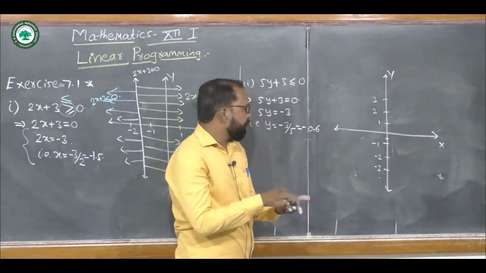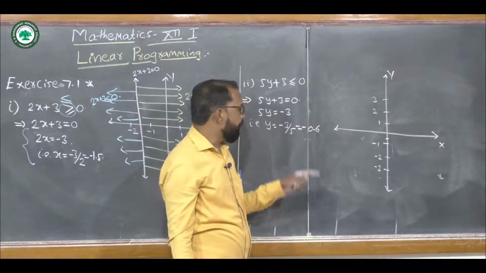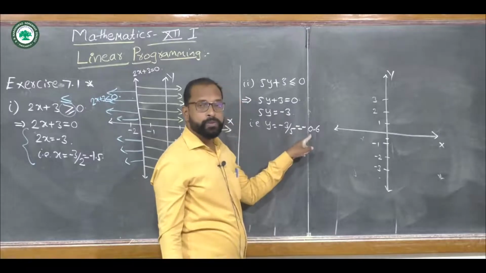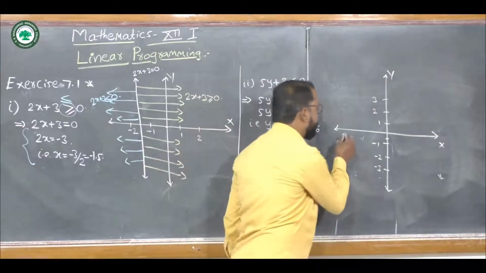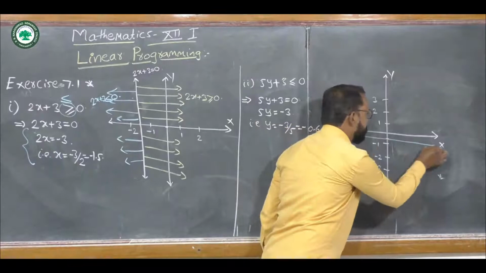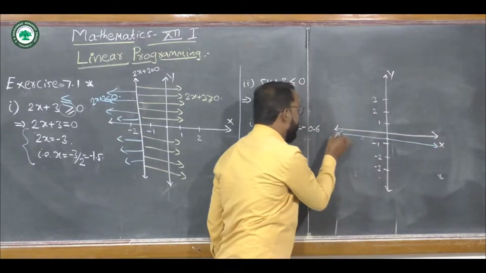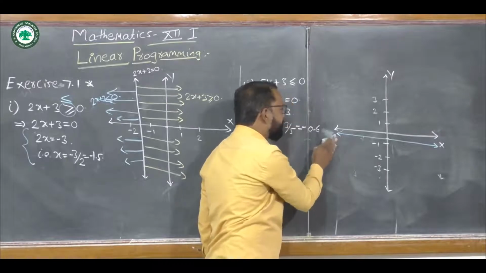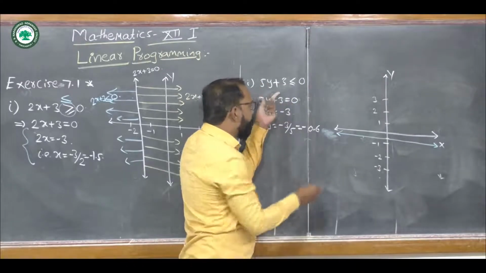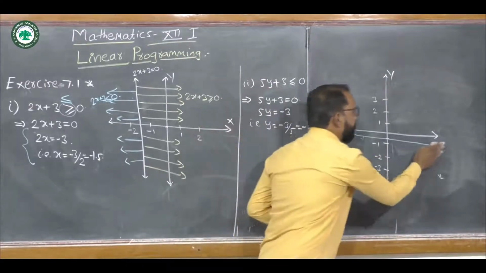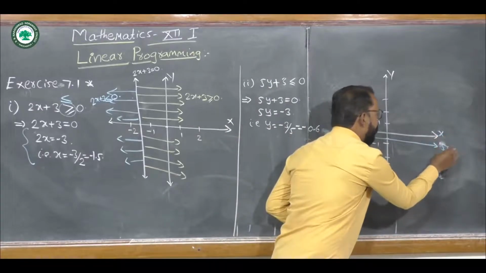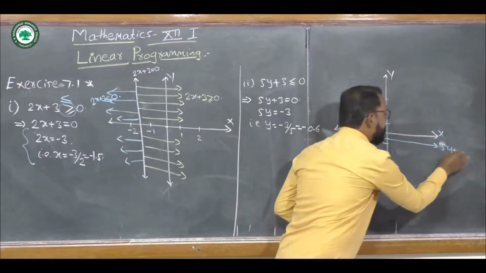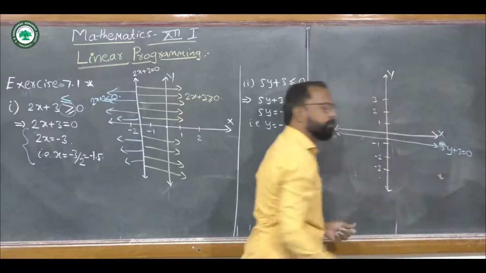Now draw a line, y equals minus 0.6. Suppose this is the line, y equals minus 0.6, that is 5y plus 3 equals 0.